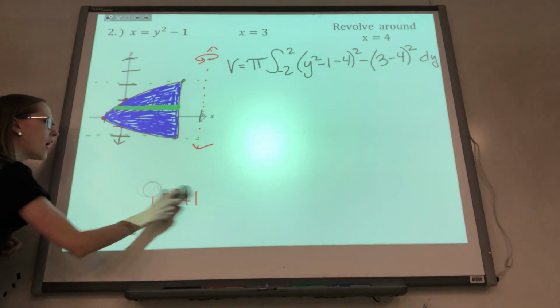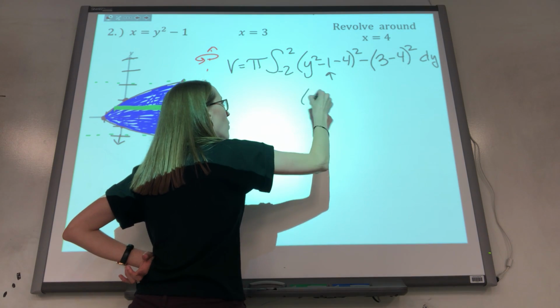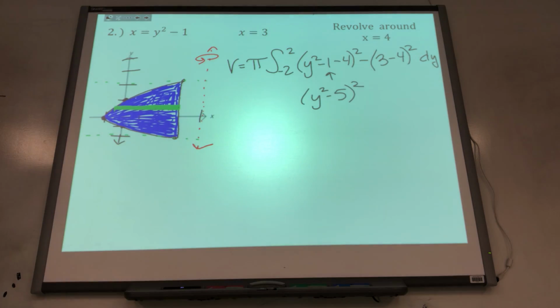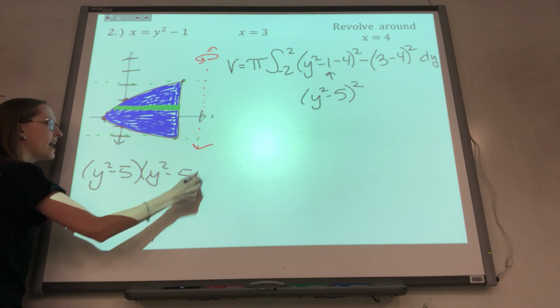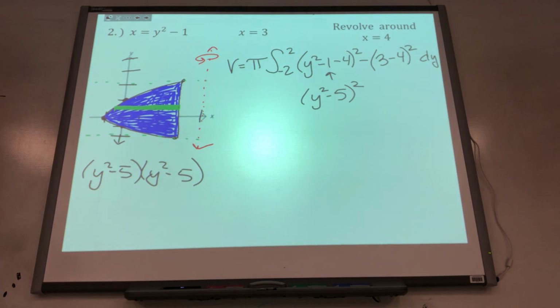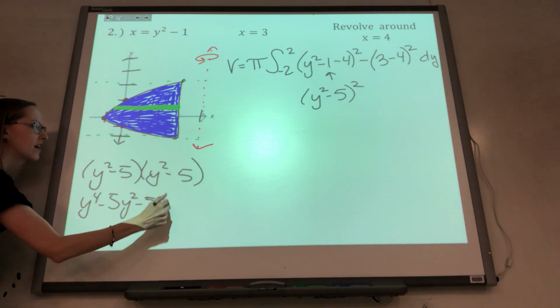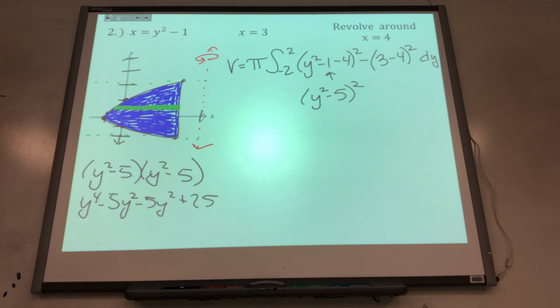Now, the first part in parentheses is going to end up being y squared minus 5 squared. So I'll come down here for a second and figure out what that actually is. Foiling, I'll have y to the 4th minus 5y squared minus another 5y squared plus 25.